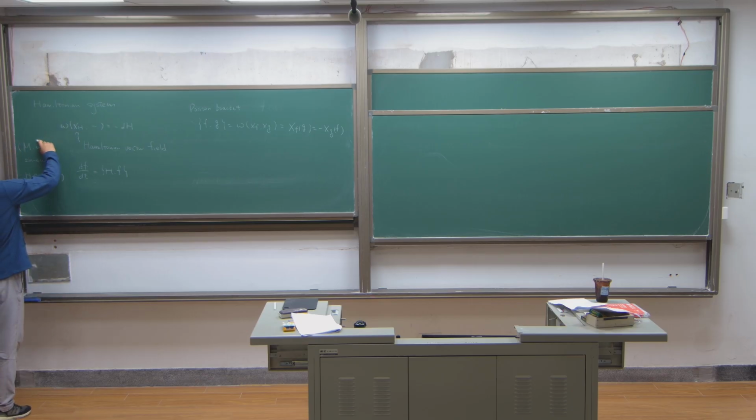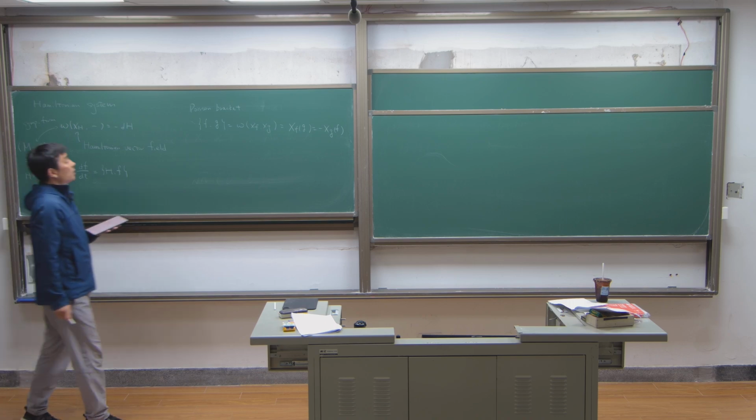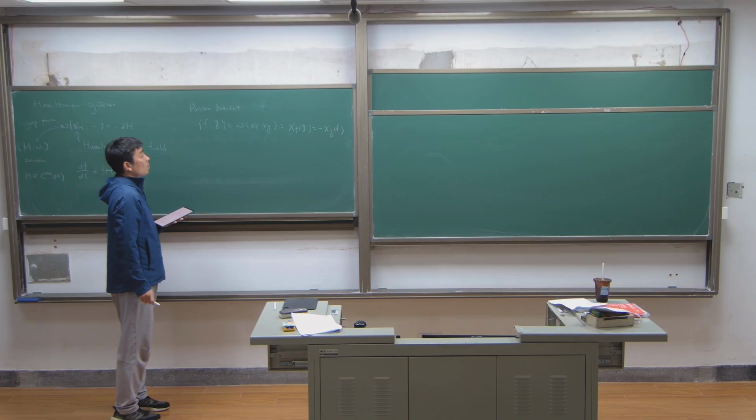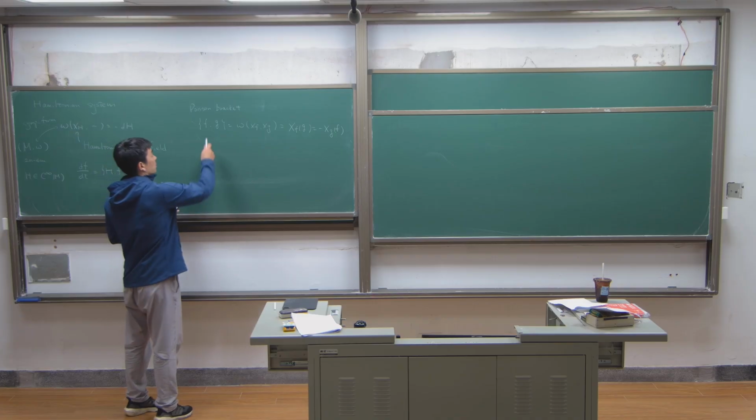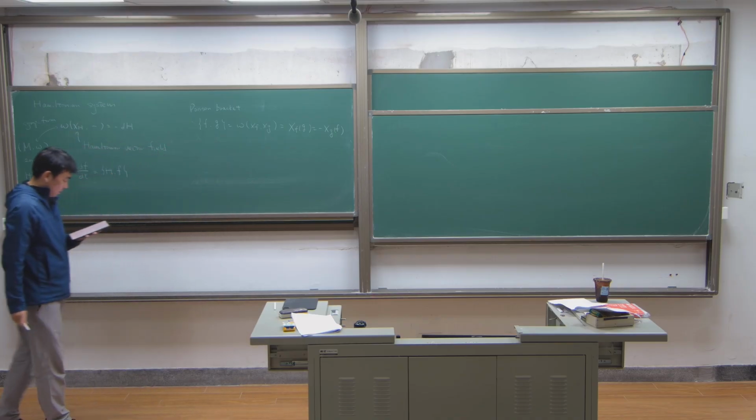So this is the symplectic form. Okay. And then using this Hamiltonian vector field, one can define a Poisson bracket like this.